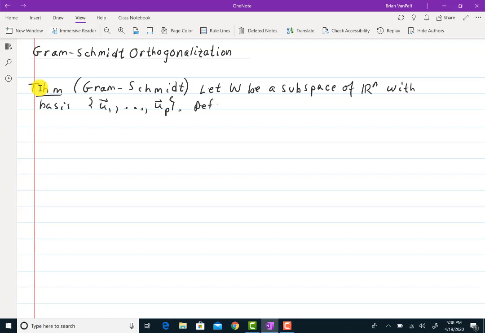Define V1 equals U1, V2 equals U2 minus U2 dot V1 over V1 dot V1 times V1.